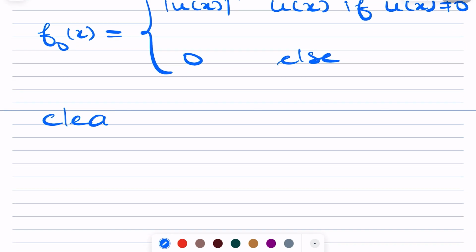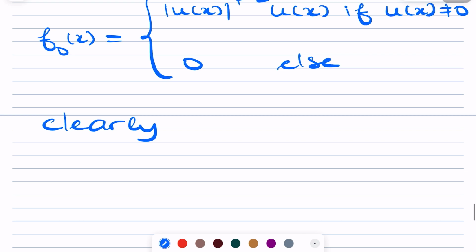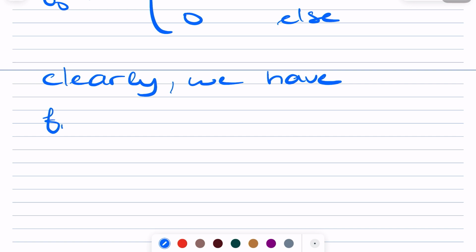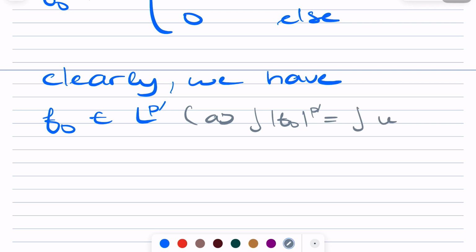Clearly the way we define f0, we have f0 is an element of LP prime, because the integral of the absolute value of f0 to the power p prime is equal to the integral of absolute value of u to the power p minus 1, to the power of p prime.